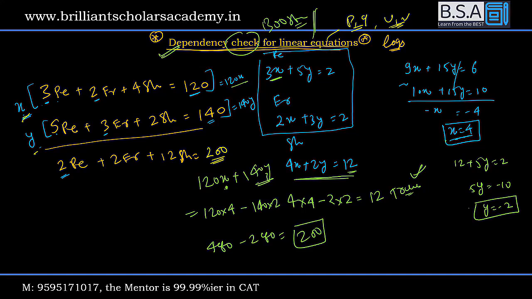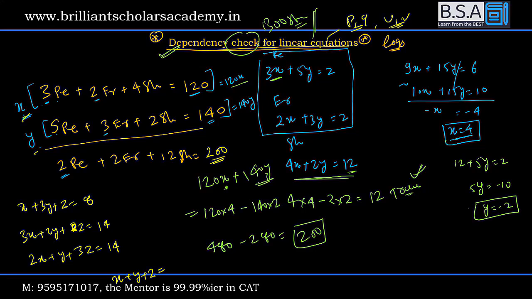On a very small scale, let us say in some question you have x plus 3y plus z is equal to 8, 3x plus 2y plus 2z, let us say, is equal to 14, and you have 2x plus y plus 3z, again equal to 14, and you need to find x plus y plus z.